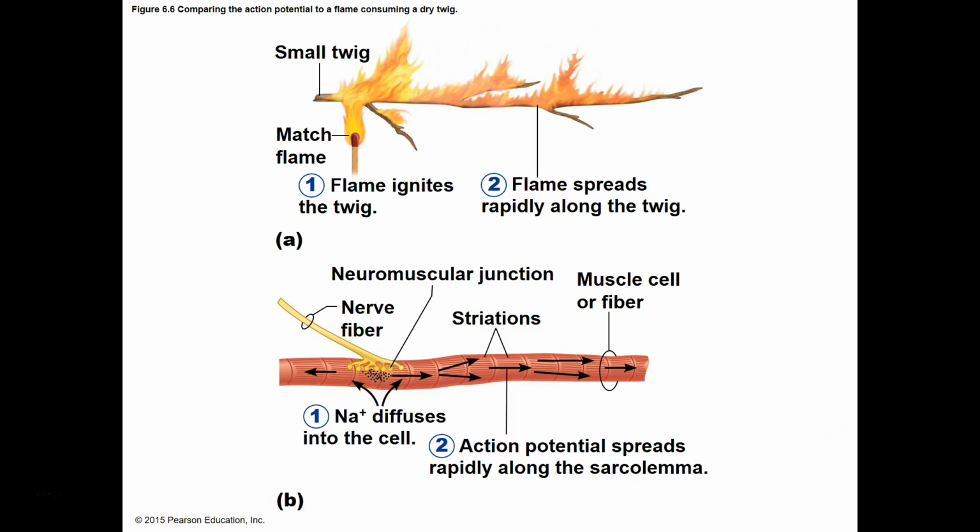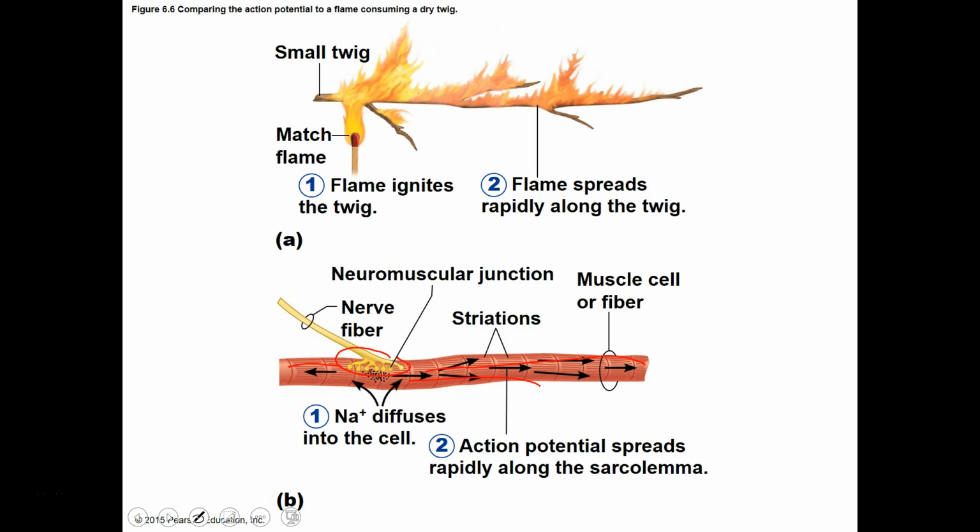There it goes. Okay. So the way that it describes the stimulation of that membrane is kind of like taking a match, lighting a twig. It starts in one spot, but it rapidly goes down the whole length of it. So when we stimulate that here with this nerve, it's going to go all down the length of it. And we're just talking about the membrane on the top.